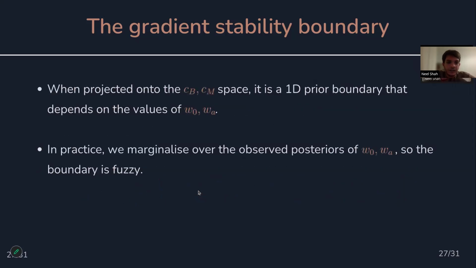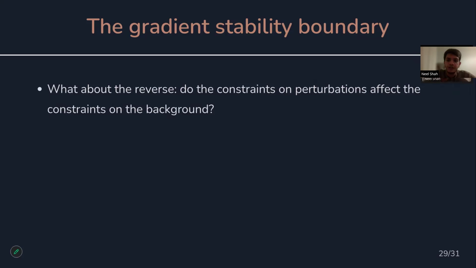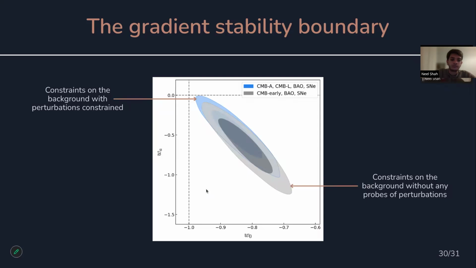The next thing we can do is ask the reverse question. Do the constraints on the perturbations affect the constraints on the background? So do CB and CM affect the constraints on W0 and WA? The answer is yes. To see this, we can try to constrain the background expansion without using any information about the dark energy perturbations and see if there is any difference.